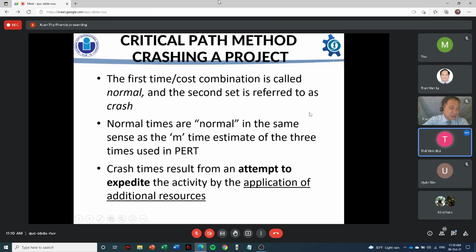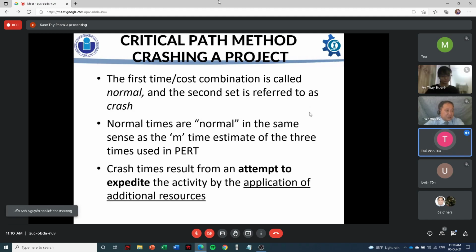The first time and cost combination is called normal cost, and the second set is referred to as rush cost. Normal time is normal in the same sense as the M time estimate of the three time estimates used in PERT. Most students studied PERT in the previous week, so I won't explain it in this chapter.